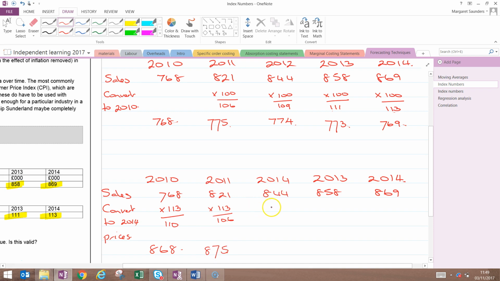For 2012, we multiply by the index of 2014, divide by the index for 2012.